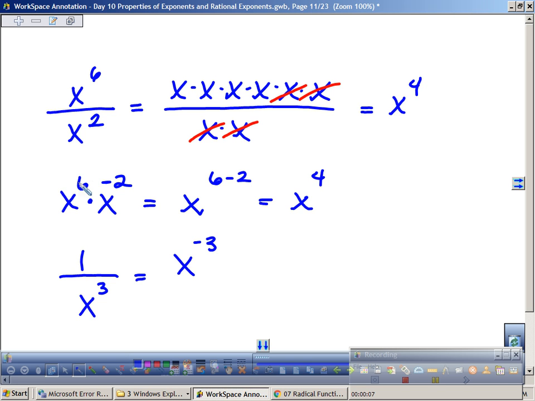Doesn't matter. When it's negative, it's all by itself. So even if I have something up here, if I had x to the 4th, then it would be x to the 4th minus x cubed, which is just x. So we're going to use this notion of negative exponents, and I'm going to show you why it works right now. Okay?